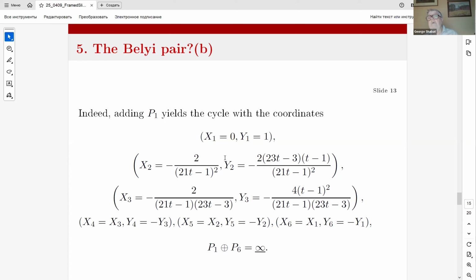Therefore, we have 6 points of the cycle, but the 1st and the 6th are mutually inverse, and adding them, we get, as we should, the neutral element, the infinity.